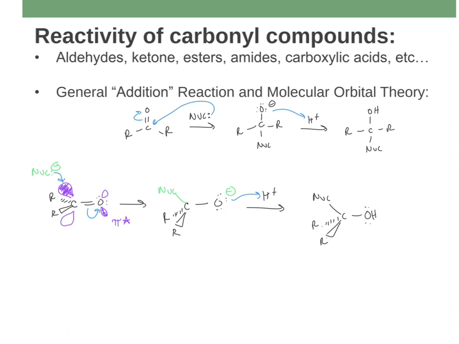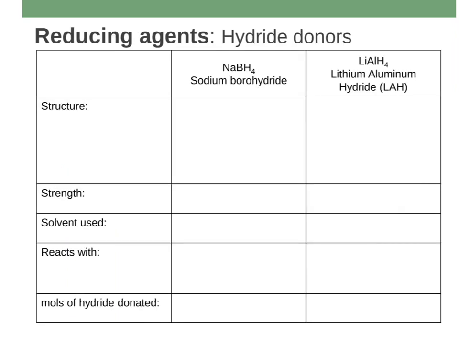So what we want to talk about next is which hydride donors do we have? There's actually a lot of choices. We're just going to look at the first couple, the really common ones. Our 2 most common ones are sodium borohydride and lithium aluminum hydride, sometimes called lithium aluminum tetrahydride, but it's the same thing. I'm going to draw them out for you so you can see what they look like.